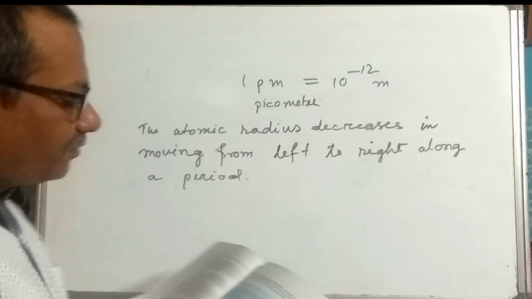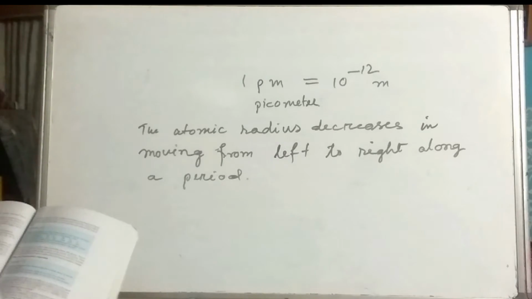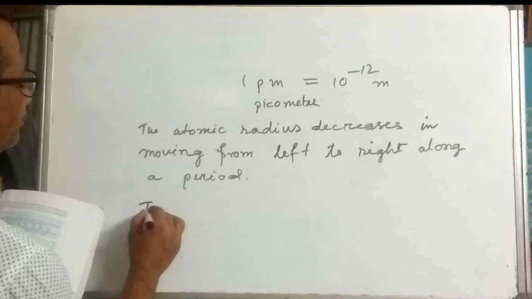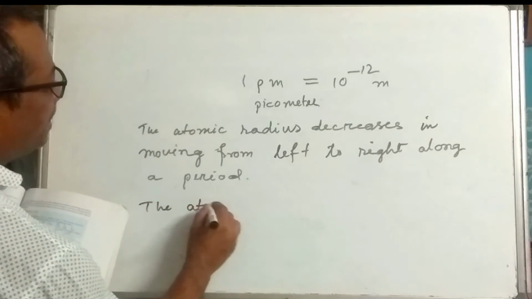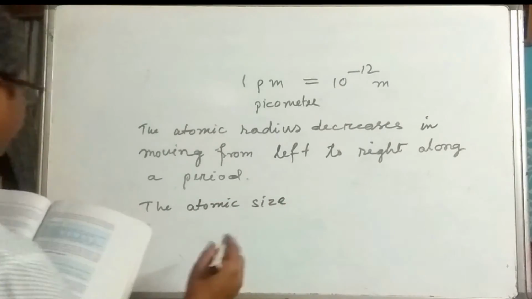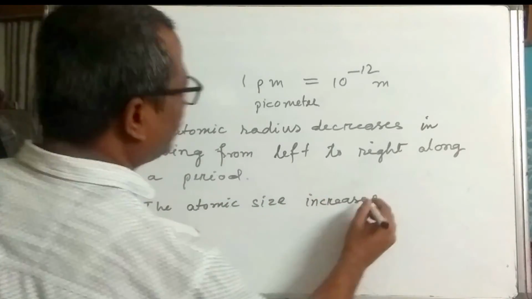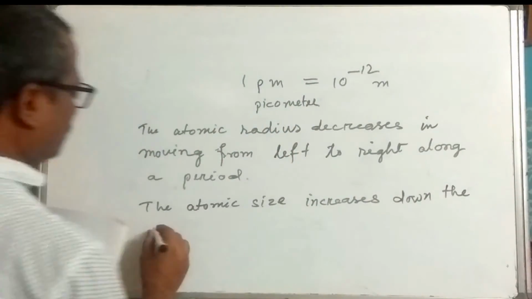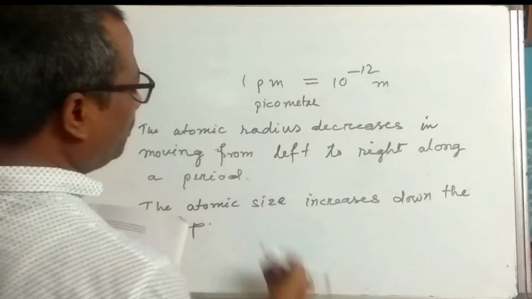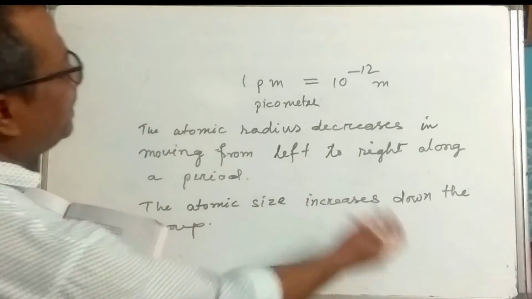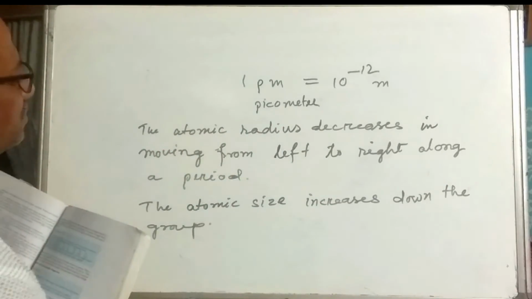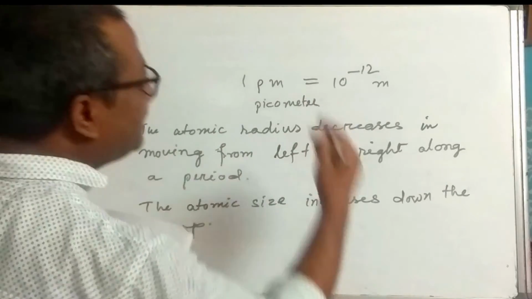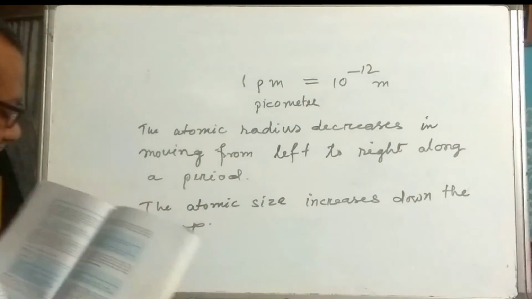So, in case of a column or group, the atomic size increases down the group. That means from top to bottom, when you move, the atomic size increases downwards. And left to right, in case of periods, atomic radius decreases from left to right.